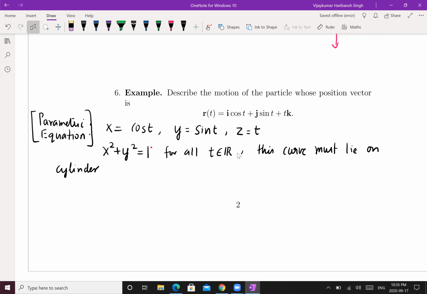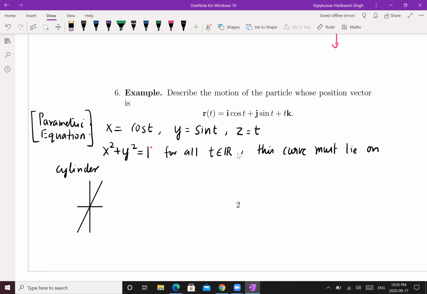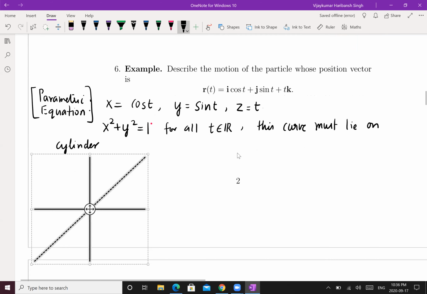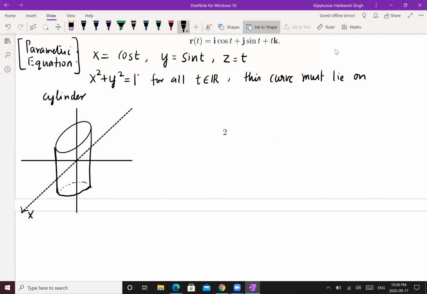So let's draw the axes. This is our cylinder. This is the x-axis, y, and z. And so our curve lies on this cylinder.